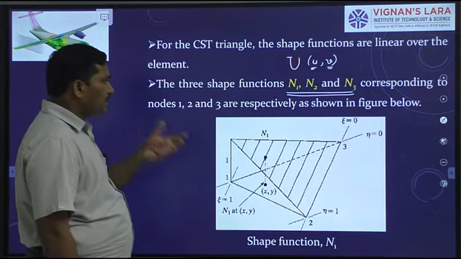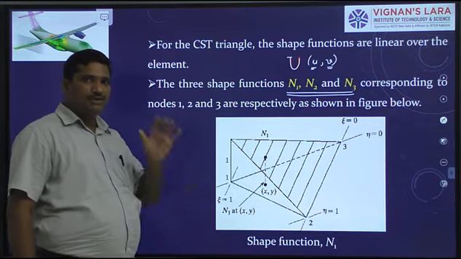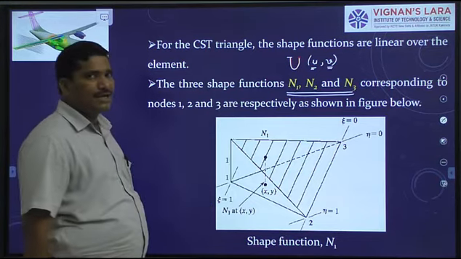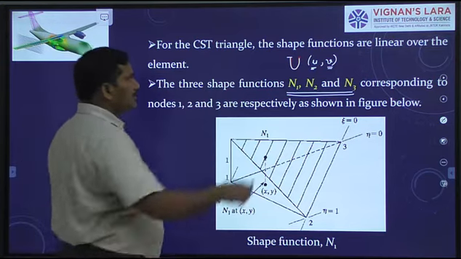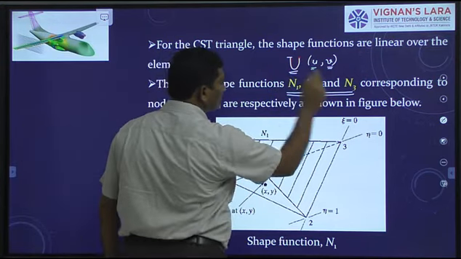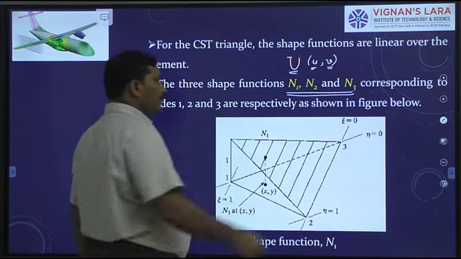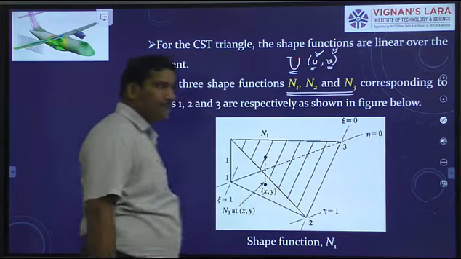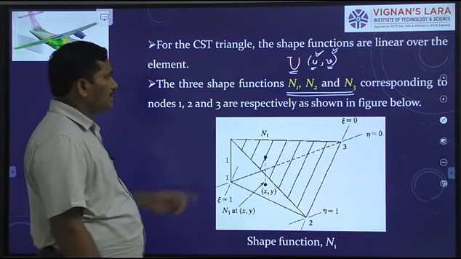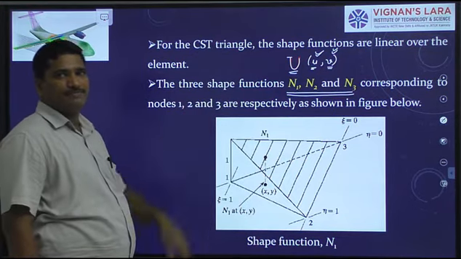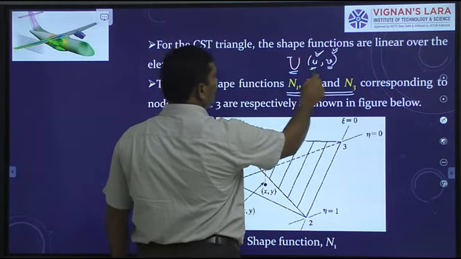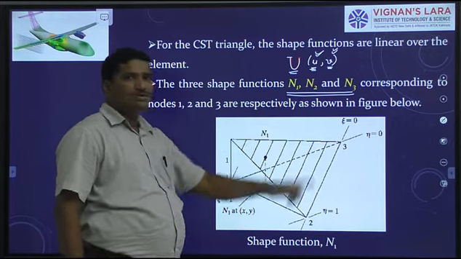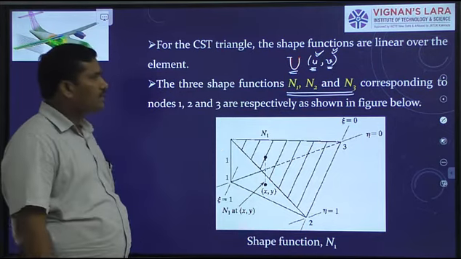It is a polynomial that interpolates the nodal field variables with the unknown field variable. What is the unknown field variable here? That is capital U, which has two rectangular components, U and V. Therefore, the unknown field variables at any point in the CST element are U and V. U and V are determined using the shape functions N1, N2 and N3, right?